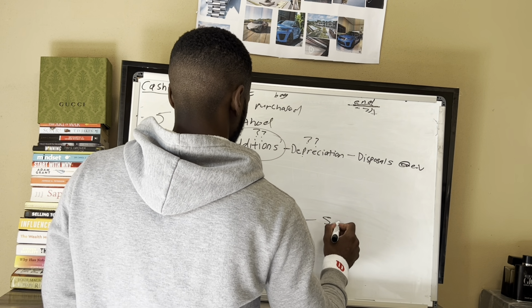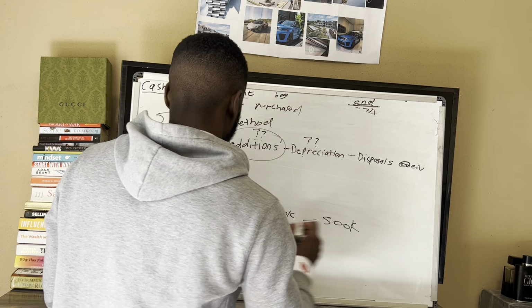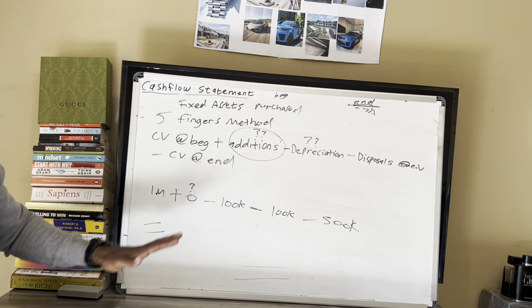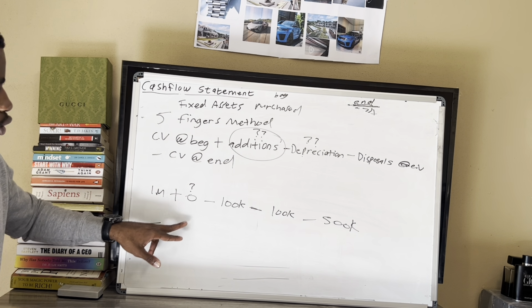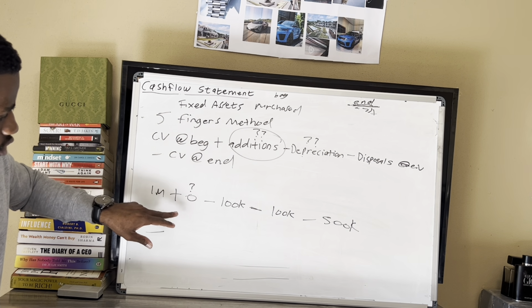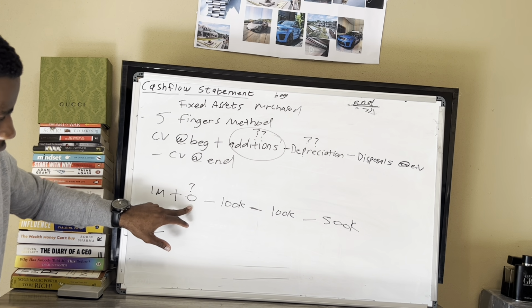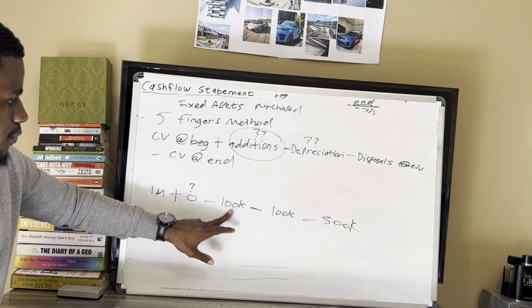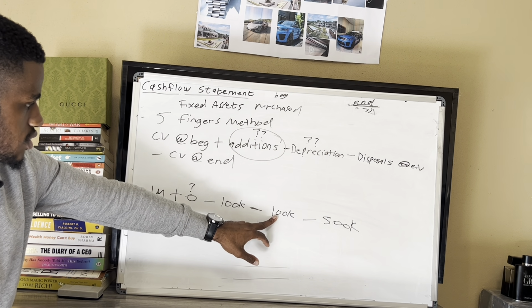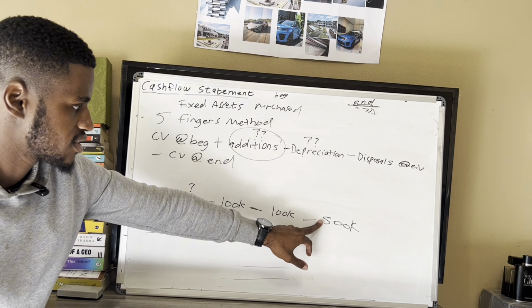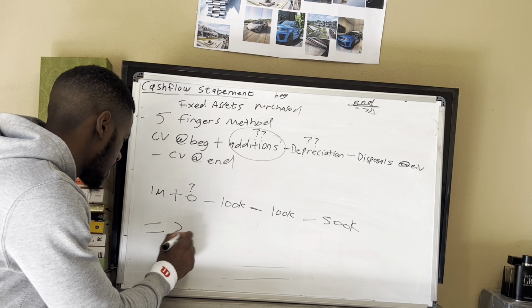Maybe carrying value at the end was 500,000. Putting all of this in the calculator will help you get the missing figure. So it's going to be 1 million plus 0, 1 million. Minus 100,000, 900,000. Minus 100,000, 800,000. Minus 500,000, which will give us 300,000.